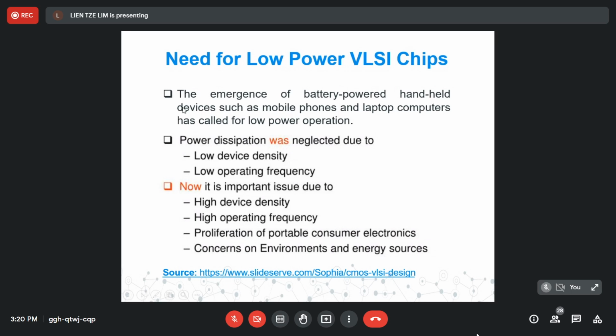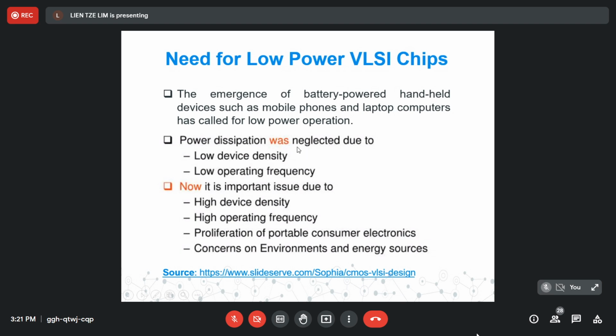The emergence of battery-powered handheld devices such as mobile phones and laptop computers has called for low power operations. Power dissipation was neglected due to low device density and low operating frequency.